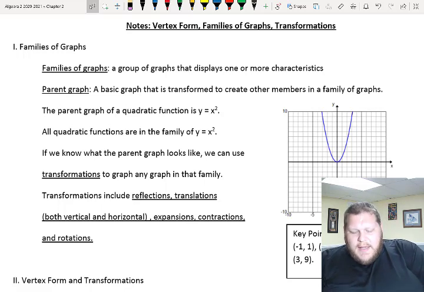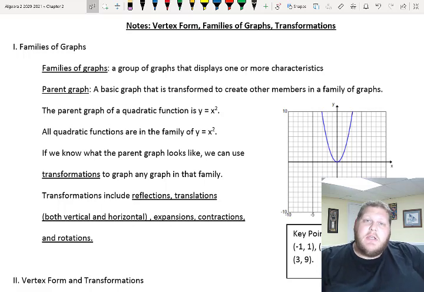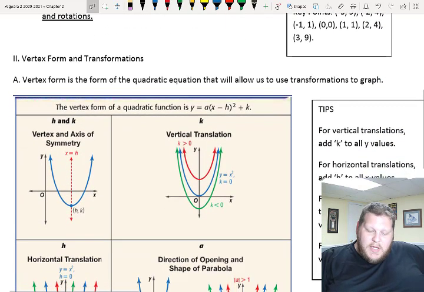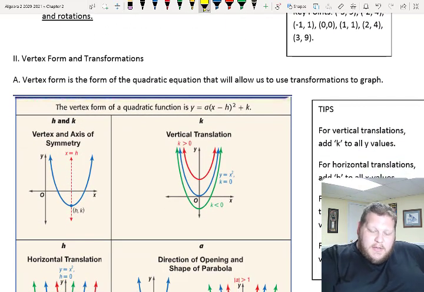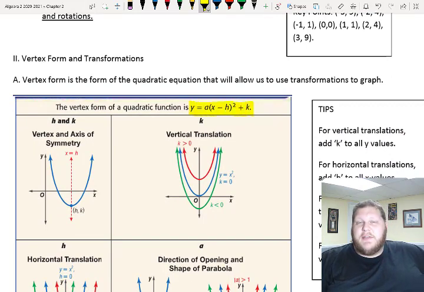So we know that any kind of manipulation of x squared is just going to be a transformation of it, which is really the first thing that we're going to do to focus in on how to graph those different forms of quadratics, using those different transformations. So you can see here, and I'm going to highlight it in yellow, this is vertex form.